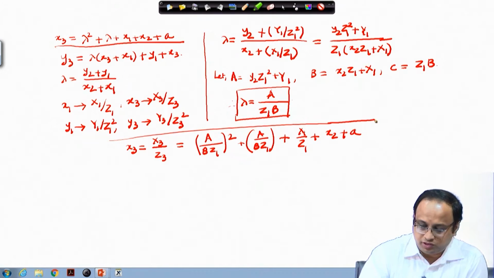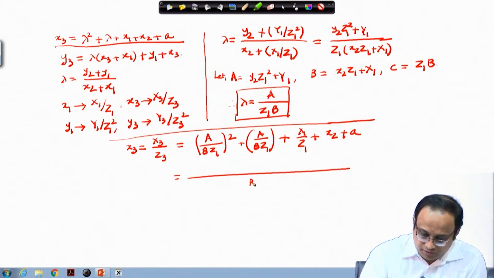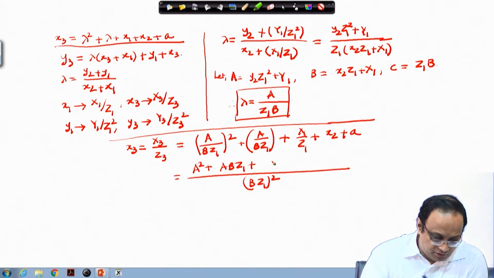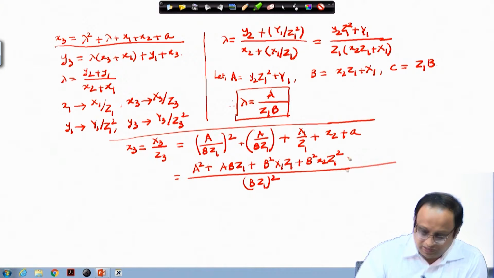Remember small x2 remains in the affine coordinates. So this essentially is nothing but B z1 whole square in the denominator. The numerator is A square plus A B z1 plus B square X1 z1 plus B square small x2 z1 square plus A B square z1 square.